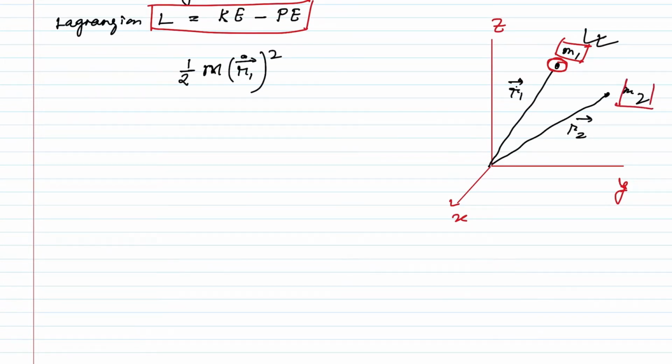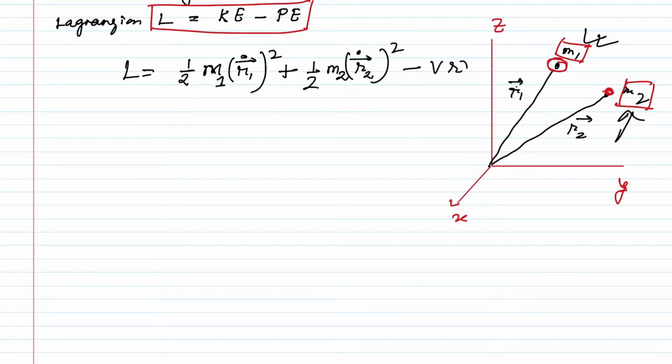The kinetic energy of m2 will be half m2 r2 dot squared. The total kinetic energy will be the sum of these two. So L is equal to this plus the potential energy of the system, V(r). Let us suppose this is equation number 1.